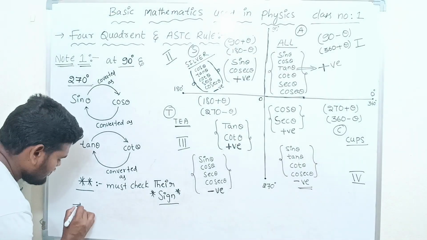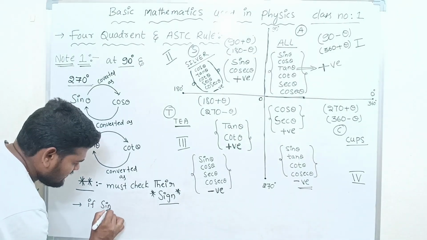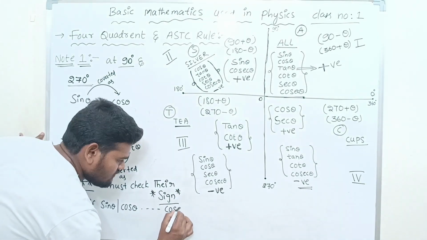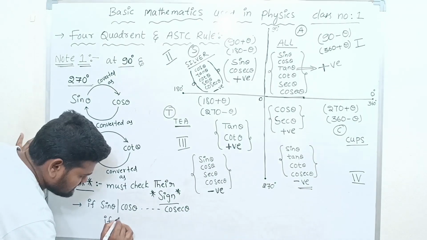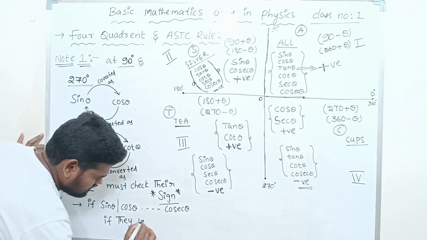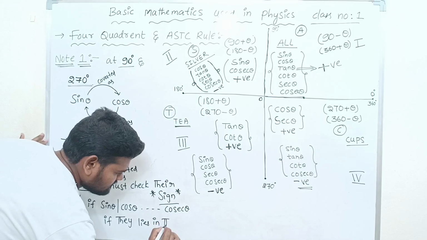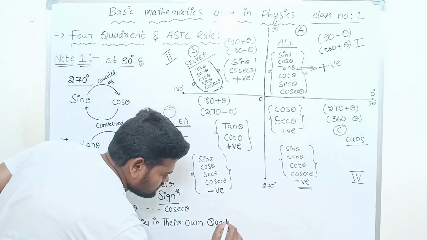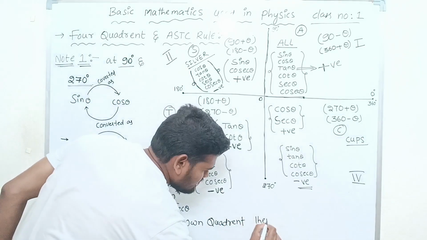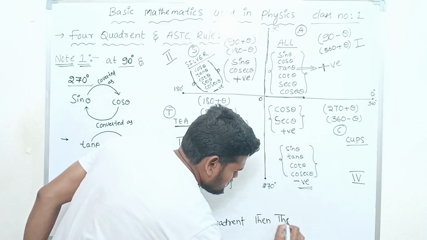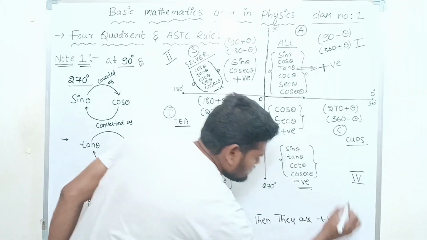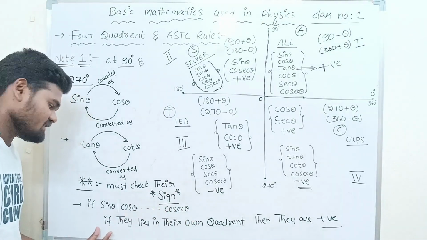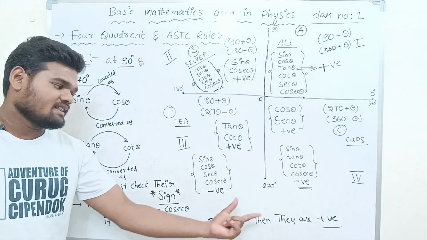Okay, if sin theta, cos theta and so on, all the trigonometric functions up to cosec theta, if they lie in their own quadrant, then they are positive.